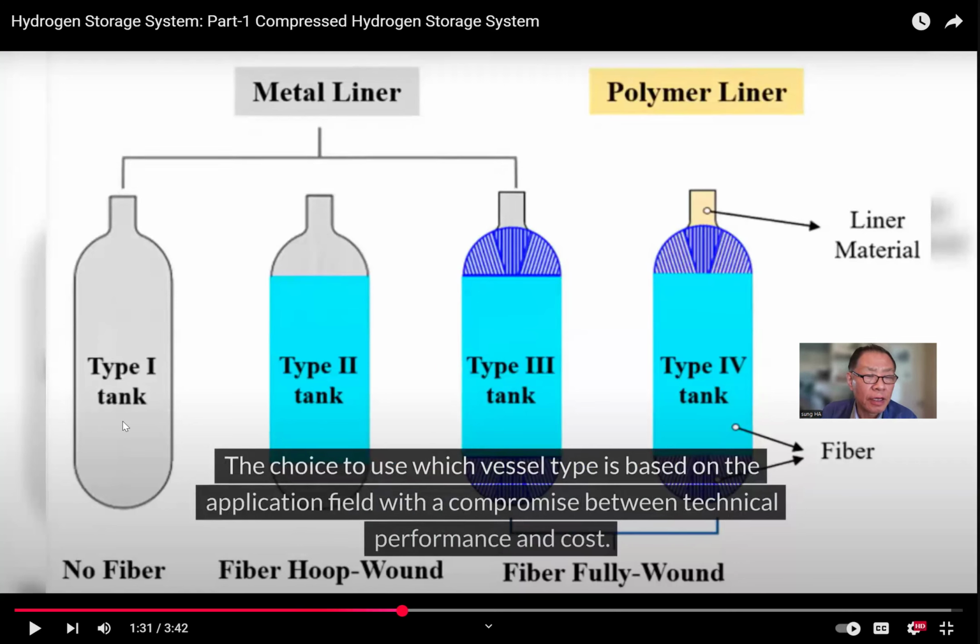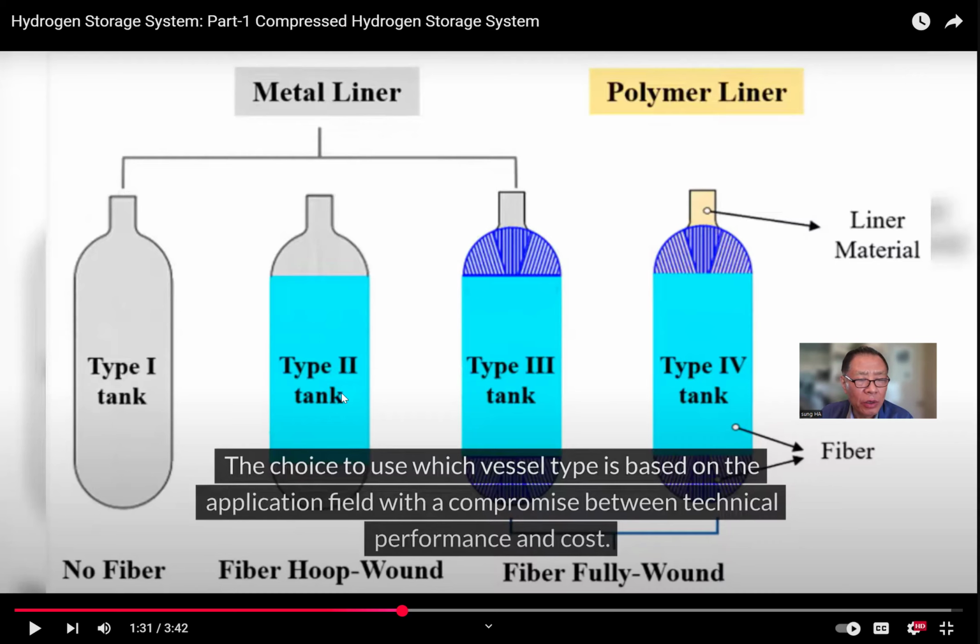Type 1 tank, there is no other color, just the liner itself. This tank is made of very thick steel. But again, the density of steel is really high, so this tank is going to be heavy. So we can reduce the thickness a little bit, and in the hoop direction, we use carbon fibers.